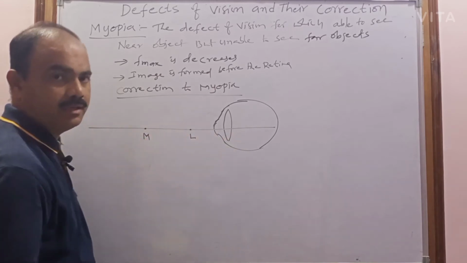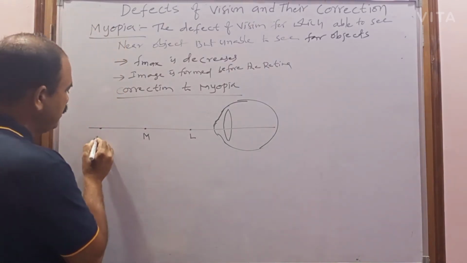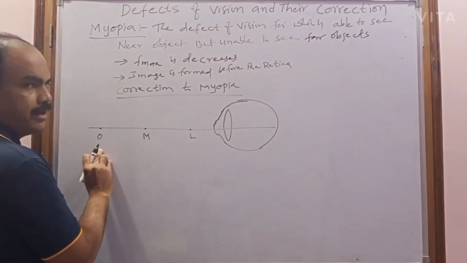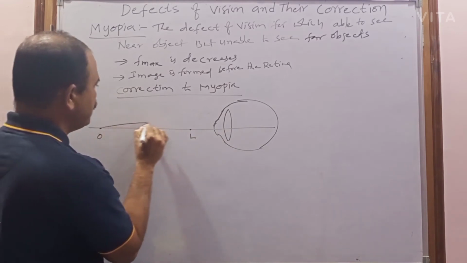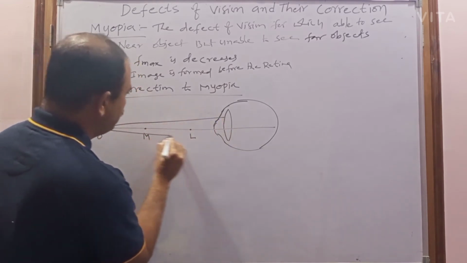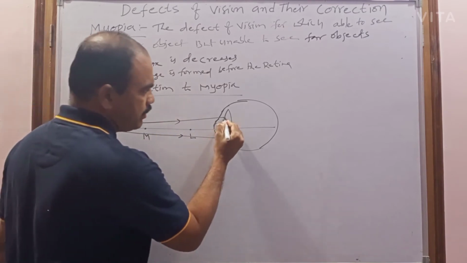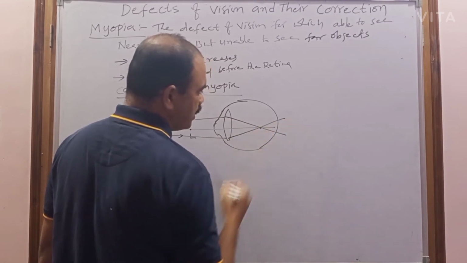That's why this is represented with the letter M. Now consider, here is the object. So when this is the object, the object is beyond M. So then what happened? This eye lens forms the image before the retina. Now these are the rays which are coming from the object. After refraction through this lens, what happened? The image is formed before the retina.